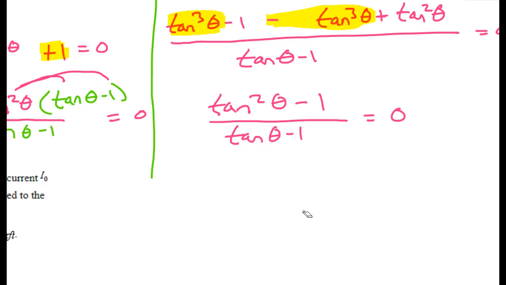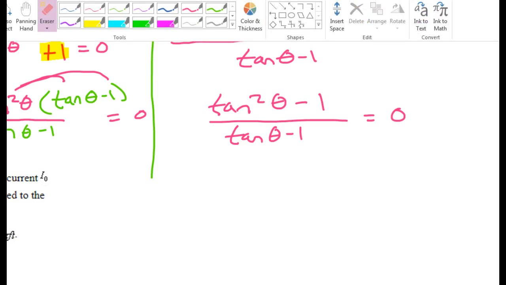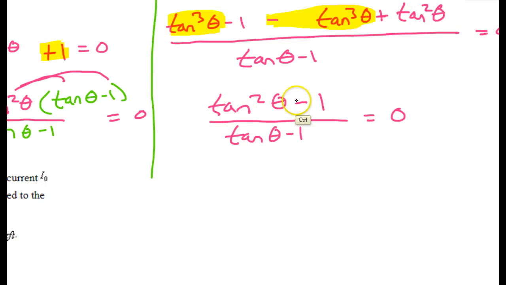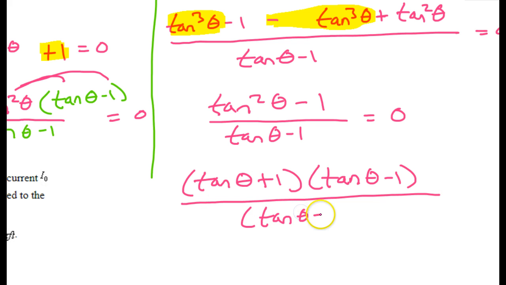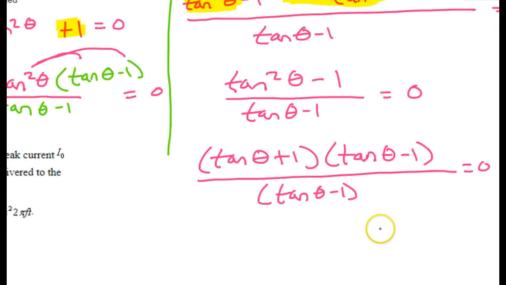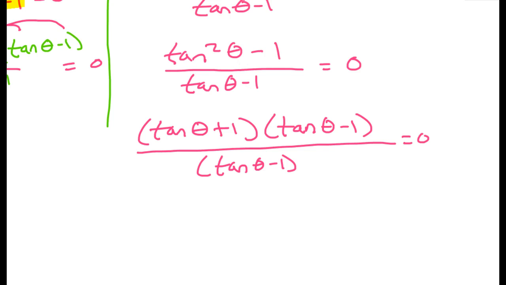So just like a minute ago I showed you x plus 1, x minus 1, this numerator will factor as tangent theta plus 1 times tangent theta minus 1. Okay, and oh look what we have in the denominator. Tangent theta minus 1. All that is equal to 0. Okay, why am I so excited about this?